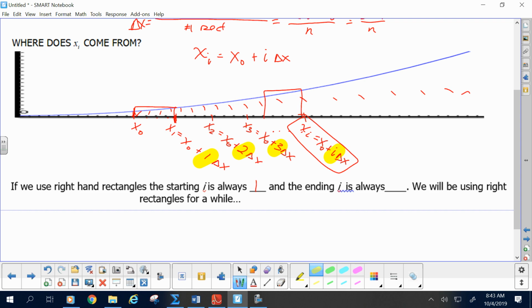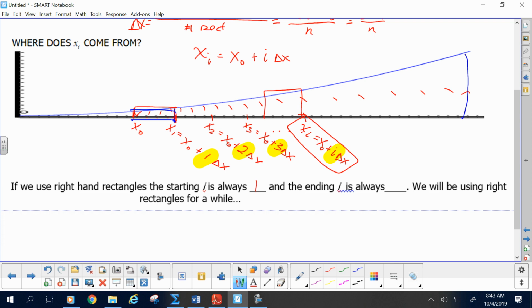So the counter really is the i. 1 delta x over, 2 delta x over, 3 delta x over. Now if we draw in a right-hand way, isn't the first rectangle we're going to draw after going 1 delta x over? So i starts with 1.